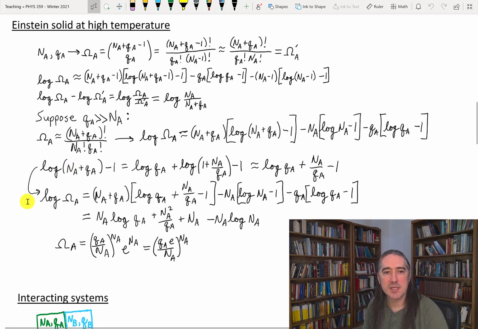Taking this and rewriting the logarithm of omega A that we had up here, we put the expansion in, and now we want to look at what cancels, because a lot of things cancel. First we've got Na times log of Qa, that's going to pull through. We've got Na times Na over Qa, that's here. Qa times Na over Qa gives us just Na.